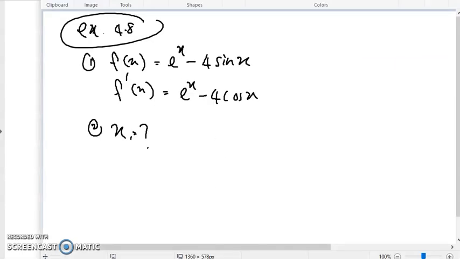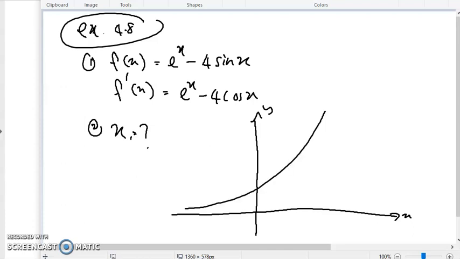You need to sketch a graph. Okay, so you need to sketch a graph here, your x and y axis. This is your e power of x, and approximately this is your 4 sin x. Then the next one, you will be having your intersection points. Okay, so intersection point there, that's why it's very helpful if you're having graph paper. Okay, so we are just going to take this one, which is 1.36, because of what?